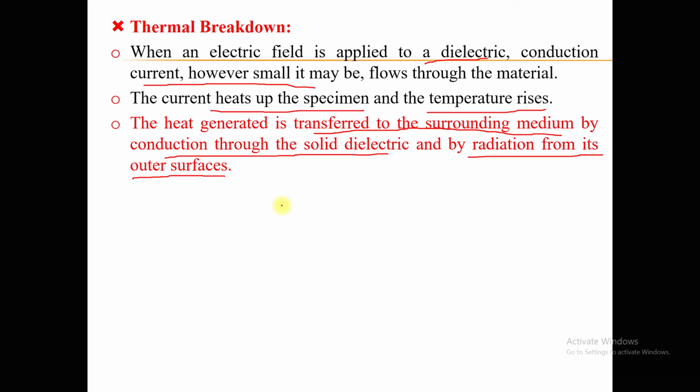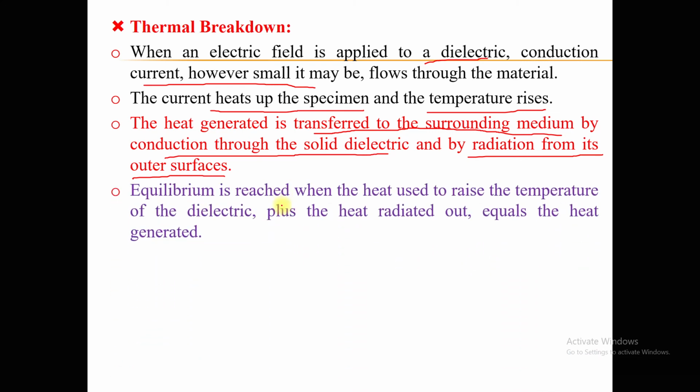Okay, so in a general way we can say that there is heat generation and heat loss. So equilibrium is reached when the heat used to raise the temperature of the dielectric plus the heat radiated out becomes equal to the heat generated.